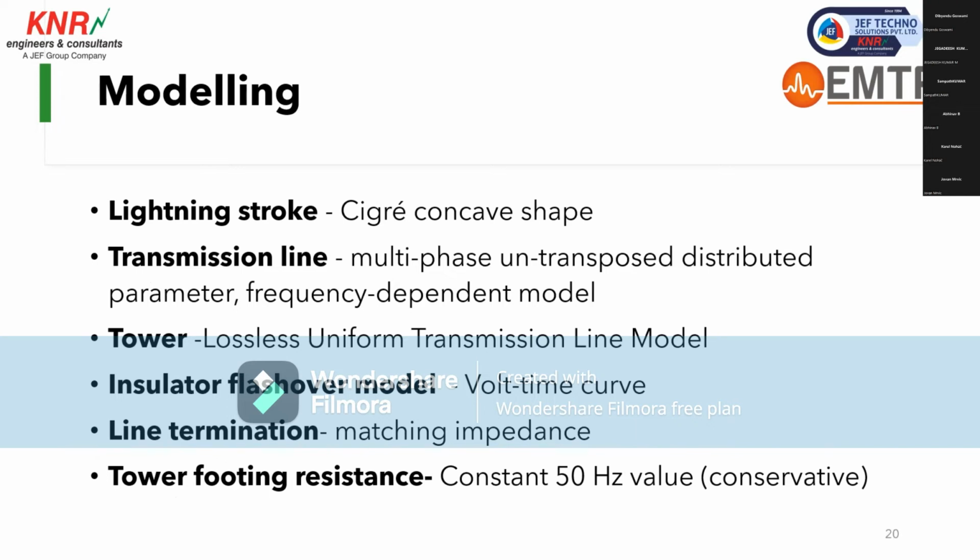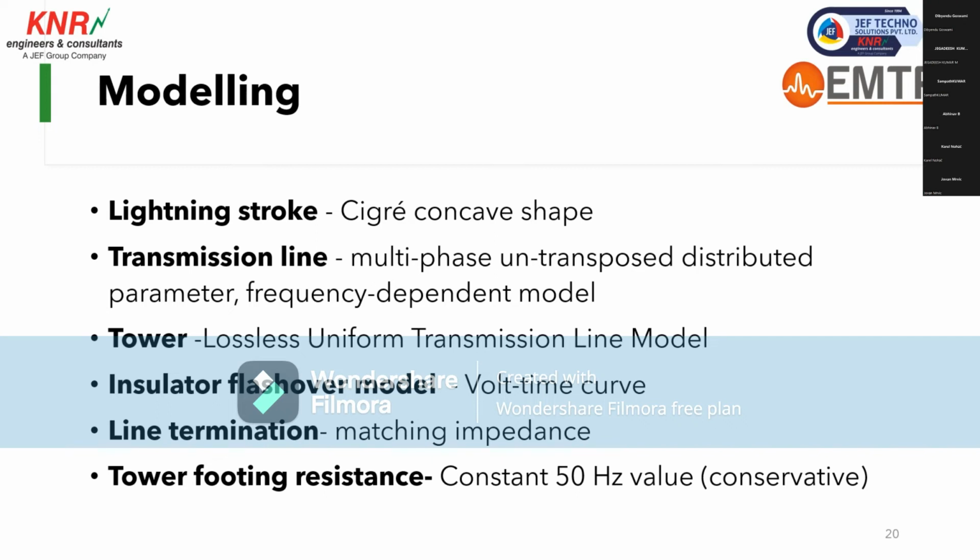In the modeling, the lightning stroke is modeled as a concave wave shape. For the transmission line, we use a multi-phase untransposed distributed parameter model, which is also frequency dependent. The tower is modeled as a lossless uniform transmission line model. The insulator is modeled with a voltage-time curve model. We do have multiple models, but we have fine-tuned the modeling with various models available in the literature, and we have matched with the IEEE flash critical current values, and we have finalized the modeling.